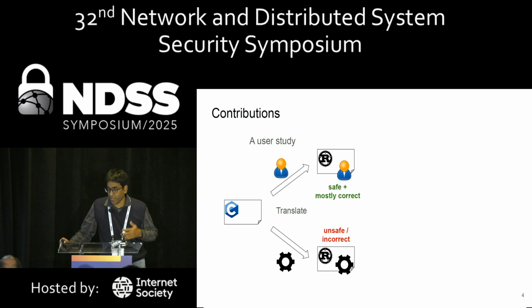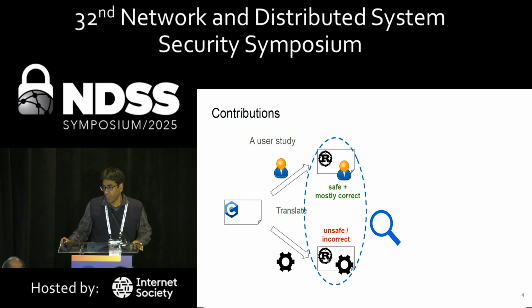In particular, we ran a user study where we gave C code to users and asked them to do translations. The interesting finding is that on the programs that we gave, while the existing automatic translation systems do not produce safe and correct code, human users actually do.